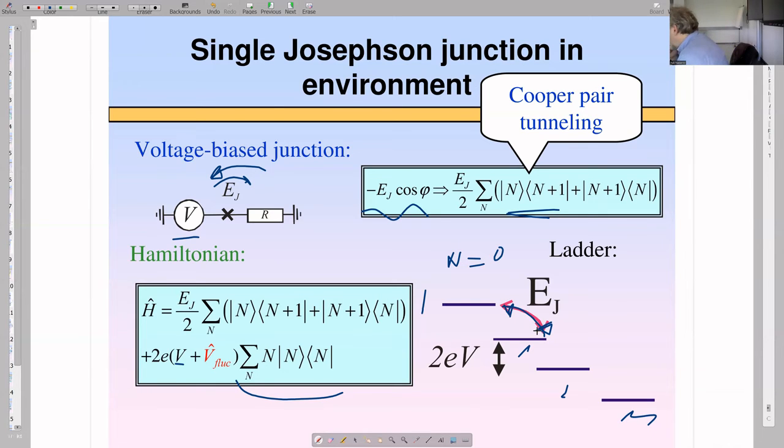Well, it has an impedance, and impedance produces fluctuations of voltage at this resistor, and that adds to the voltage source. Okay, that's the Hamiltonian to describe a single Josephson junction in the presence of an environment.